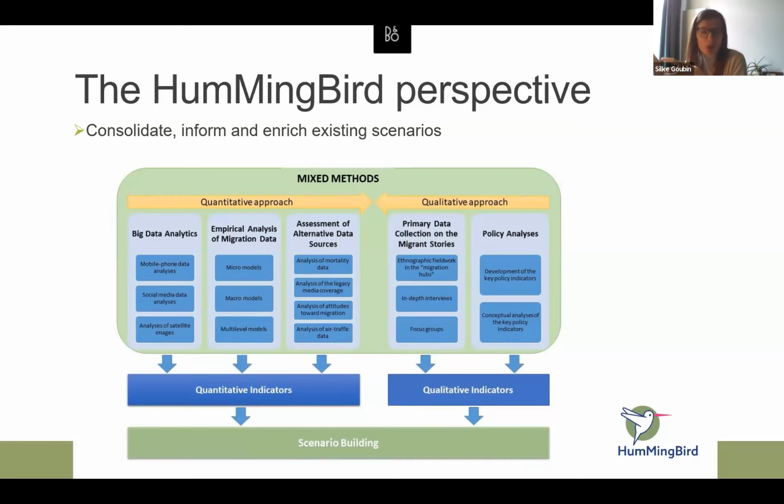Also, we should be more open towards alternative information sources to inform migration scenarios. So in a way, what we're saying here is that to us, a perfect scenario shouldn't only be qualitative, but should indicate quantitative and qualitative logics within the scenarios, and really capture how we can go from now into the future.